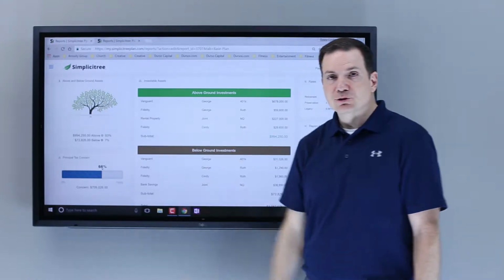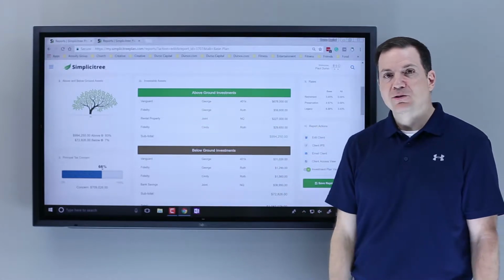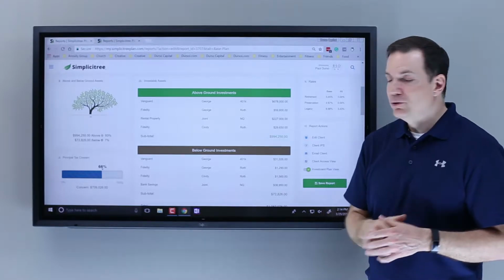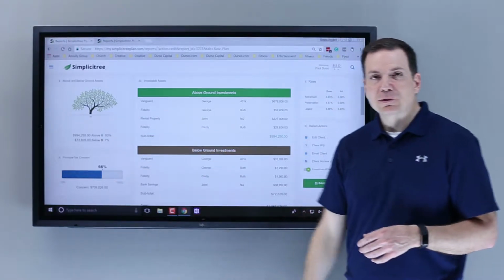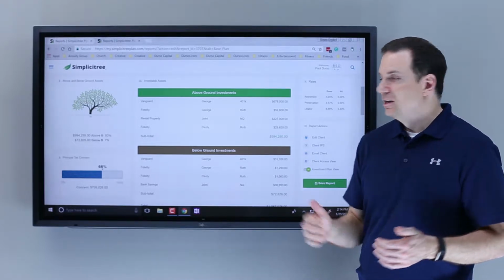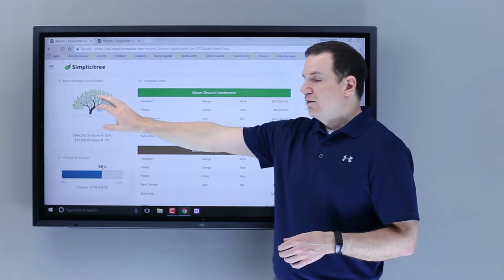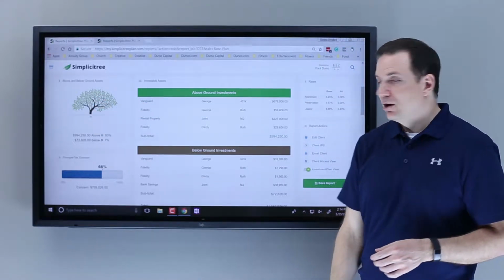When they see their tree, typically most people that walk in are going to have a ton of above ground. And if you're looking to offer life insurance or annuity, I can tell you a tree that looks like this, where you've got 93% of their assets above ground and 7% of their assets below ground, is a great way of visualizing the need of the certain types of products that you offer.